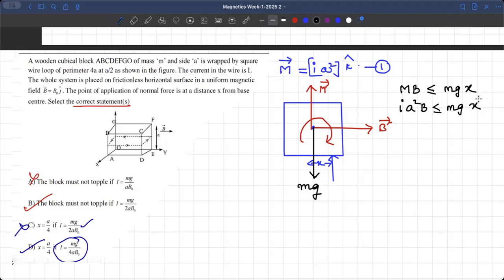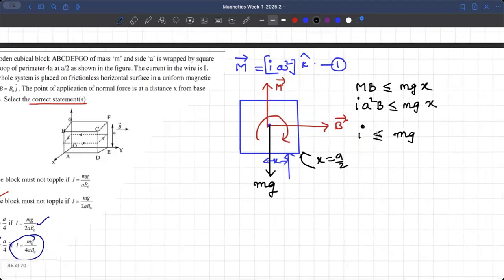The current in the wire is I. So for avoiding toppling, at this point x becomes a by 2.